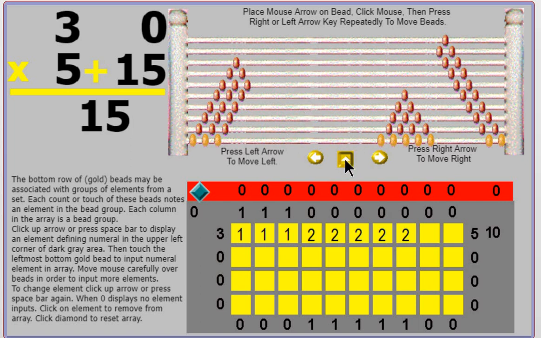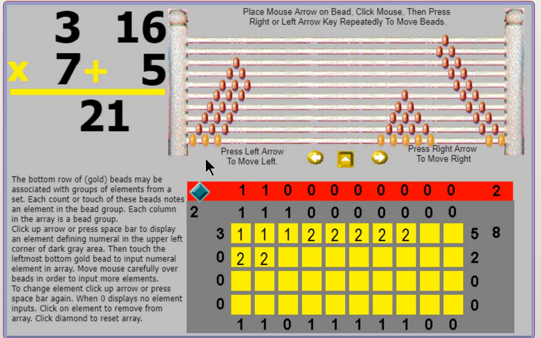So I'm going to display the numeral 2, because I'm continuing now with the 5 count to 7. So the numeral 2 will still be defining those elements. So I got 6, 7.